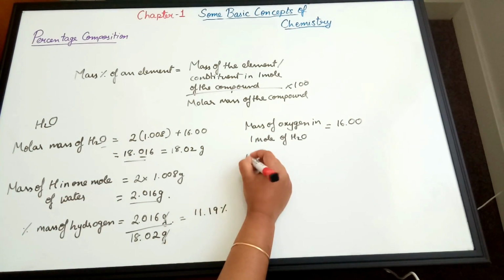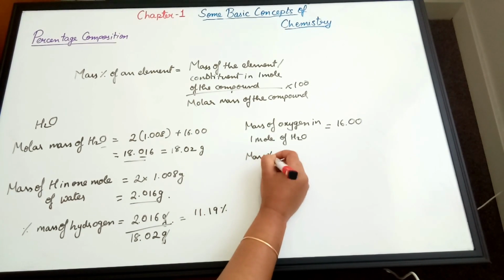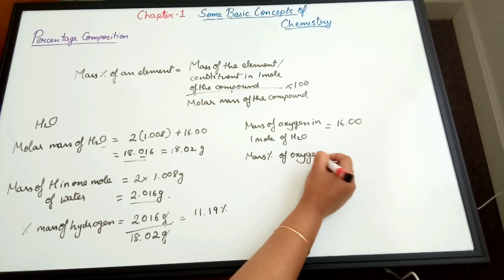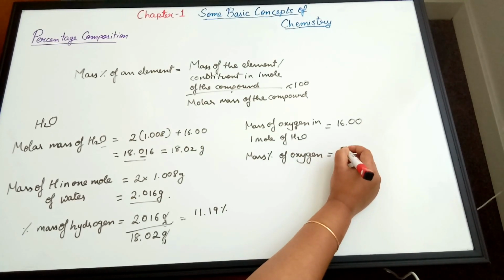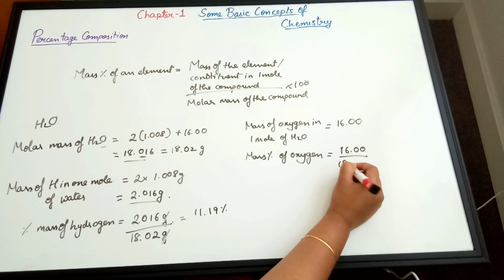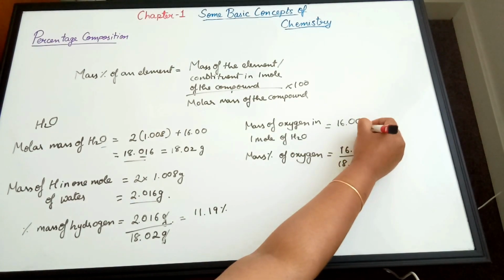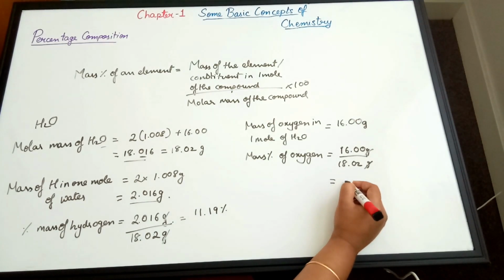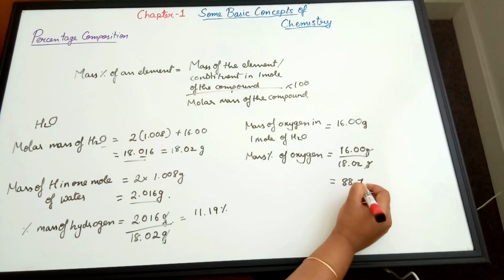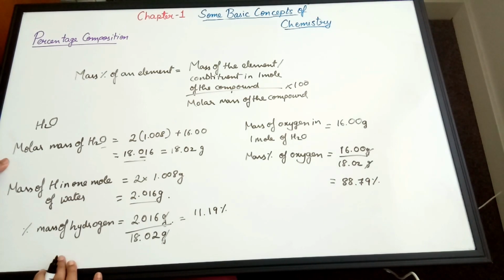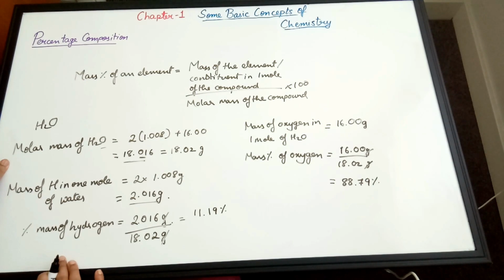So the mass percent of oxygen would be equal to 16.00 divided by 18.02 grams. That's equal to 88.79%.